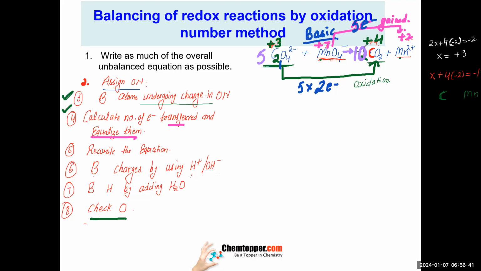Agreed? So I multiplied the oxidation reaction by 5, only oxidation. I placed 5 in front of this and 10. Now this has become 10 electrons. And what should I do with permanganate? I multiply this by 2. This is also 10 electrons. So put 2 here and 2 here, right? So we are done. Step 1, step 2, step 3, step 4. Now rewrite the equation.